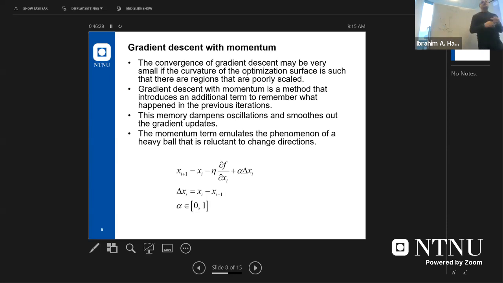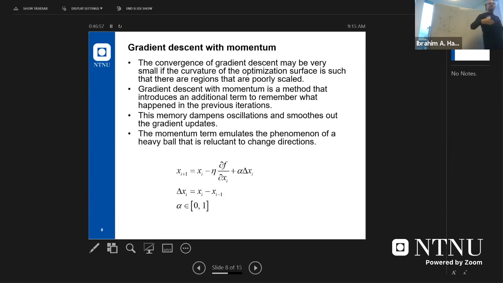To avoid this, gradient descent with momentum is a method that introduces an additional term to remember what happened in the previous iterations. So I need to get force from the previous iterations. This memory dampens oscillations and smoothes out the gradient updates. The momentum term emulates the phenomenon of a heavy ball that is reluctant to change directions.